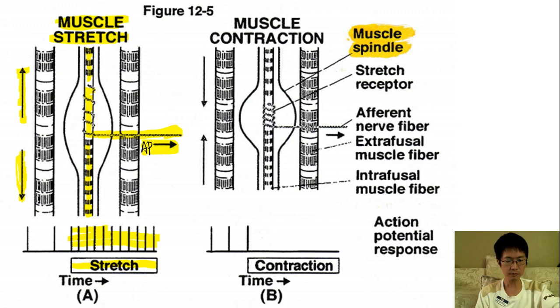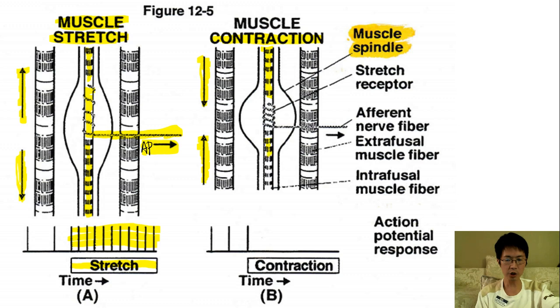Now the opposite case, when the muscle contracts, the length of the extrafusal muscle fiber decreases, so they come together like this. Then, as you can see, the muscle spindle and also the intrafusal muscle fiber shorten.